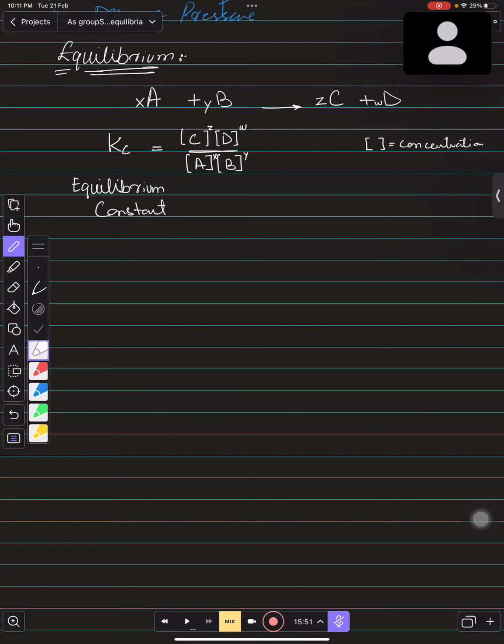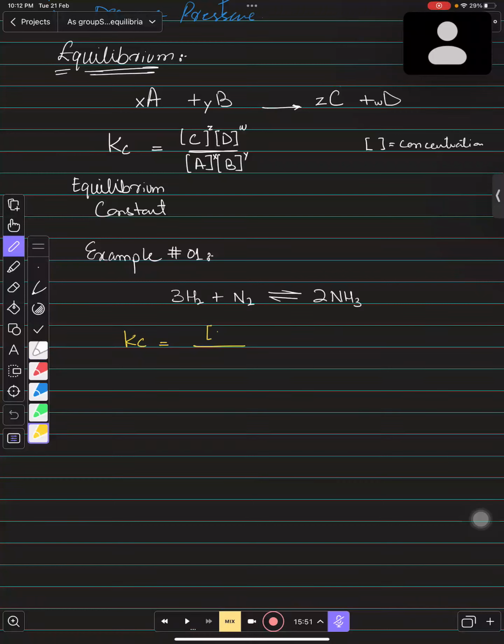ठीक है. Now, suppose we have example number one, like this. Just look over here. This is the equation again. 3H2 reacting with 1 nitrogen molecule producing 2 ammonia molecules. If I ask you to write the expression for Kc, it would be like this: you need to write products first.